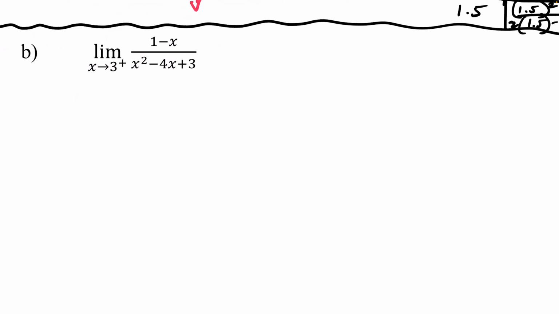So we said for 1b, because it's the same function, we said vertical asymptote at x equals 3 and hole at x equals 1, right? That's what we said on the front.